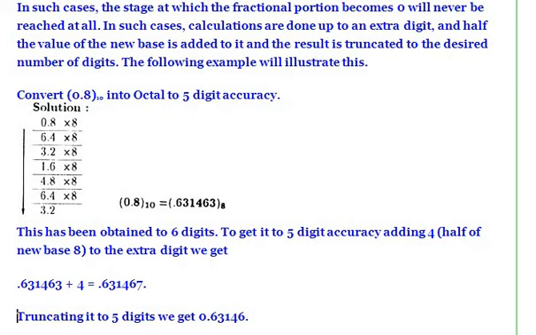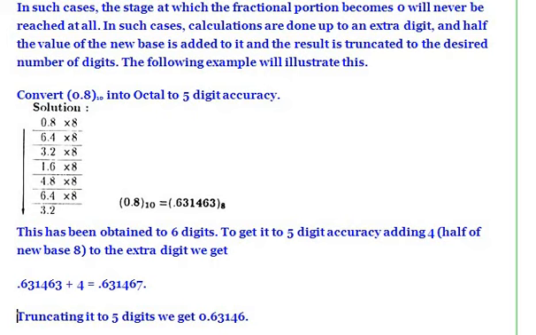So look at this, 0.8 into octal up to 5 digit accuracy. Multiplied by 8 is 6.4, multiplied by 8 is 3.2, multiplied by 8 is 1.6, multiplied by 8 is 4.8, multiplied by 8 is 6.4, and multiplied by 8 is 3.2. So this has been obtained to 6 digits.